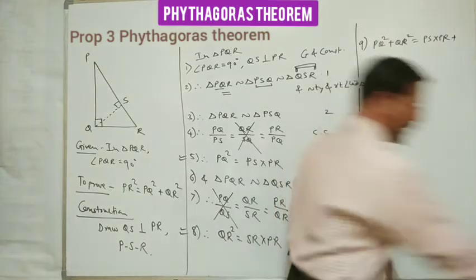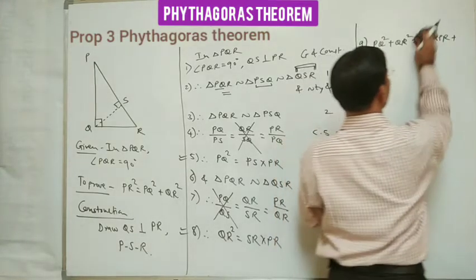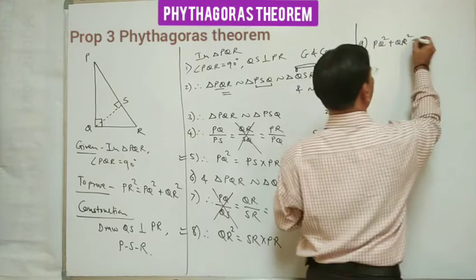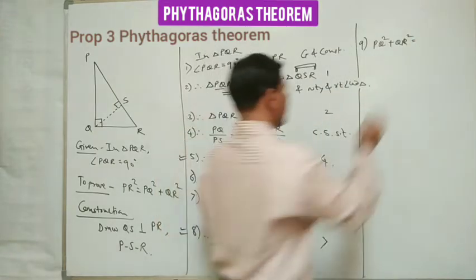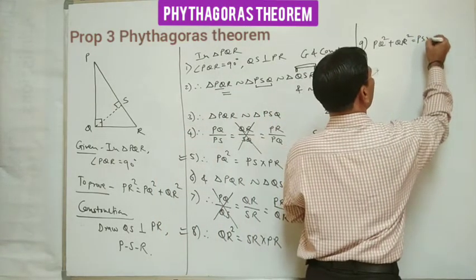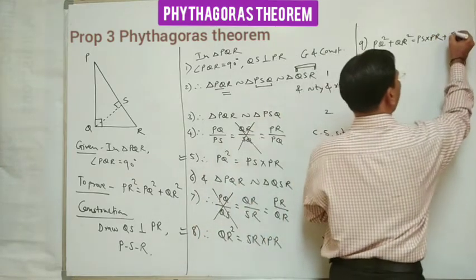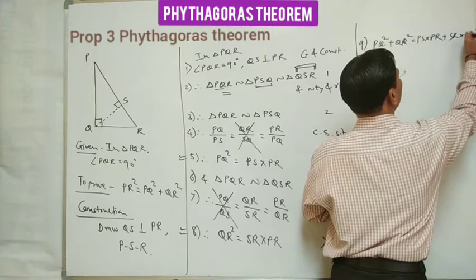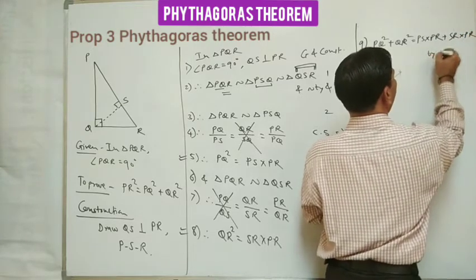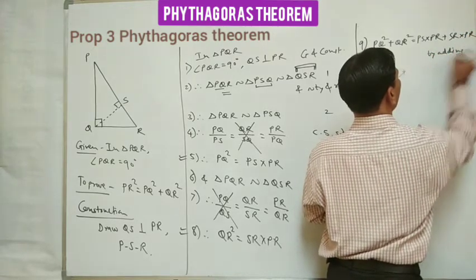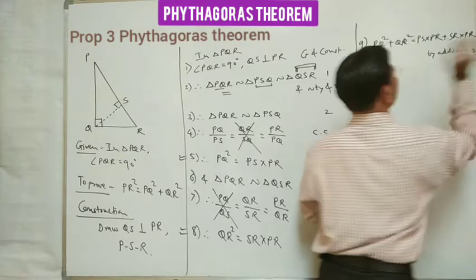Okay, I'll write in neat form. Look here. What is that? PS into PR plus SR into PR, by adding 5 and 8.